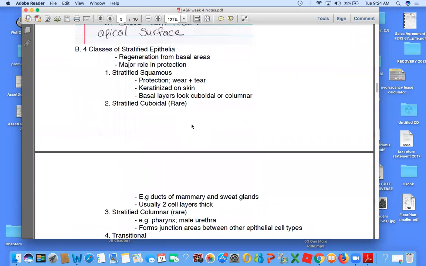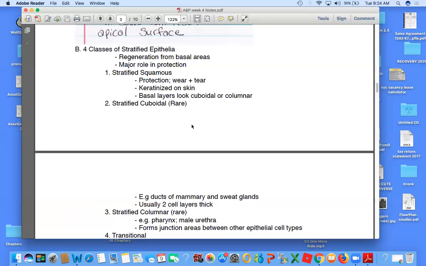Stratified are very different in their approach because the stratified have many layers, and many layers mean one thing. It means that they must be protective on some level. So why don't we look? We say that all stratified epithelial tissue emerge from their basal areas.